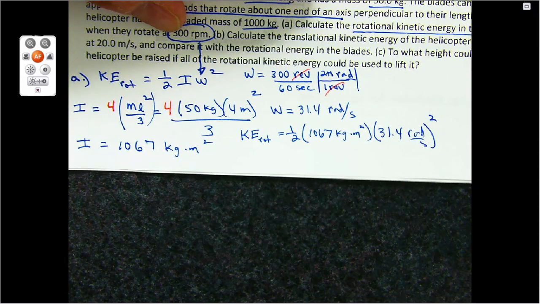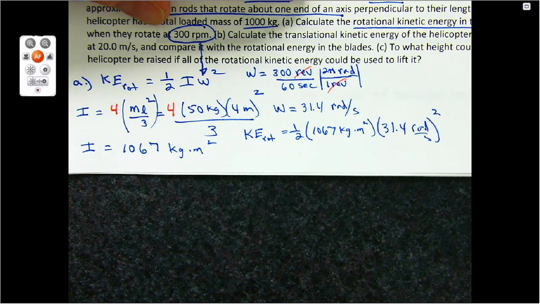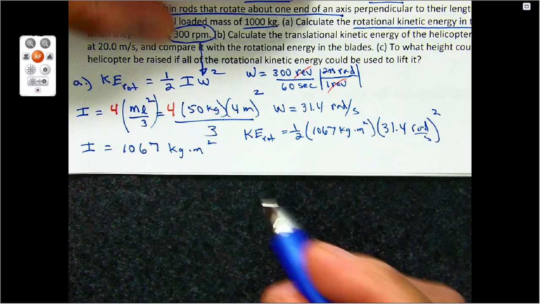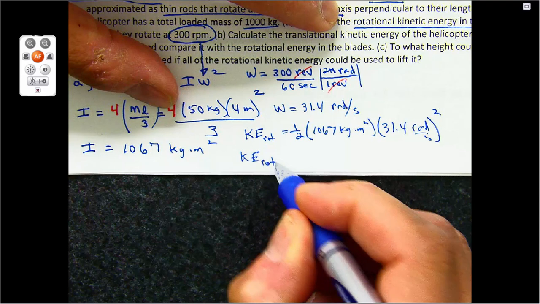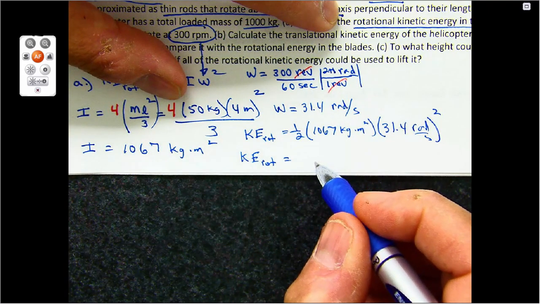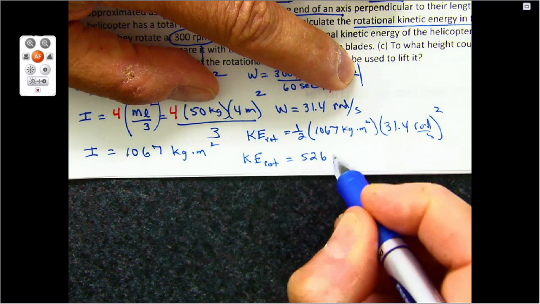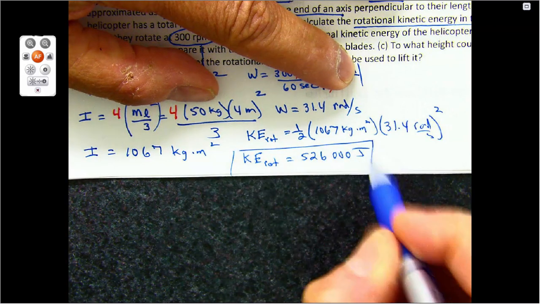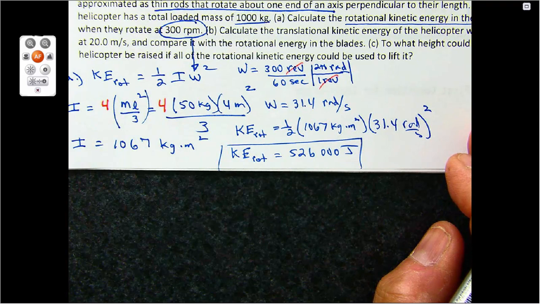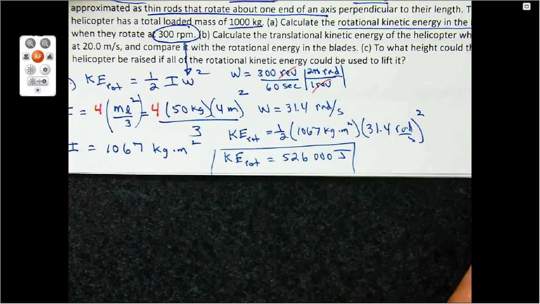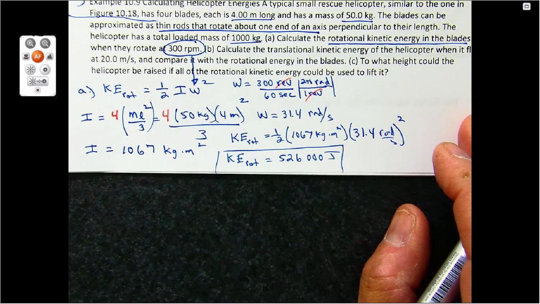There's my 1/2 I omega squared. 526,000 joules. Okay. We're going to skip B.